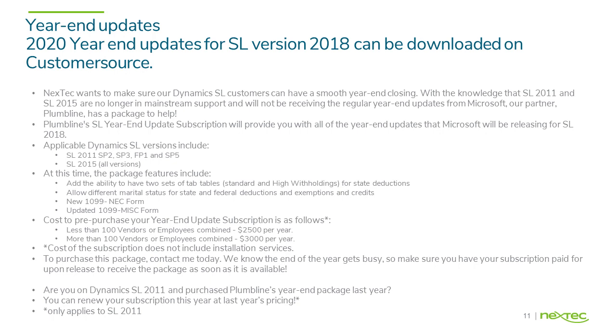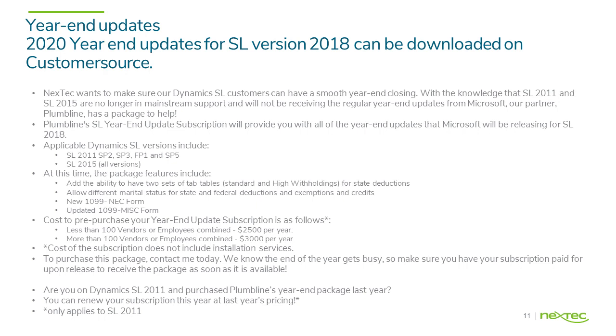So, some year-end updates. Changes have been made. As you have done in the past, if you're on the current version, 2018, for Dynamics SL, you can download your year-end updates on CustomerSource. The change now is that if you are on a 2011 version or 2015 version, those are no longer supported in Mainstream, and you will not be receiving the regular year-end updates from Microsoft.